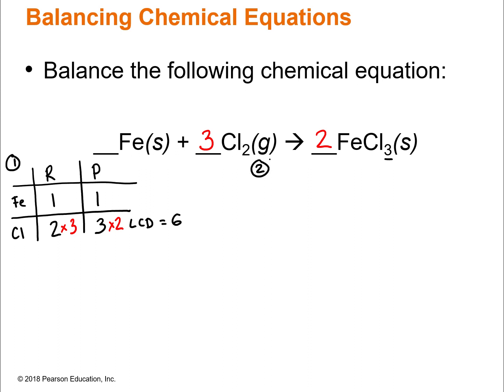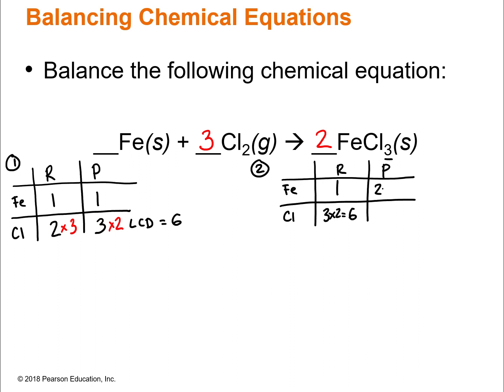We did something. Now I make another table. Reactant side, we haven't touched the iron, so there's still 1. With the chlorine, though, there are now 6. It's 3 times 2 equals 6. Product side, we put a 2 in front of the iron 3 chloride.